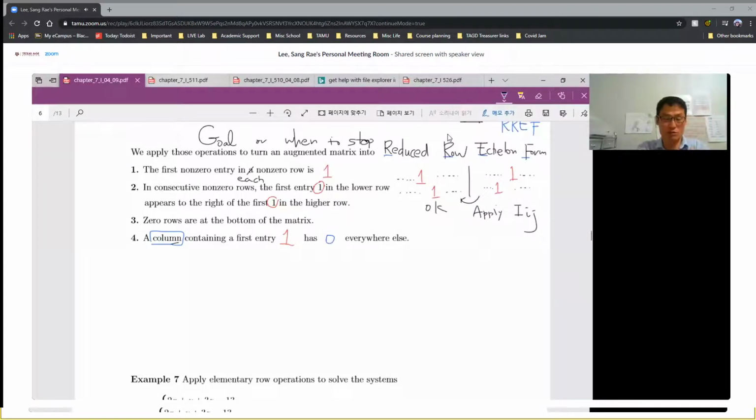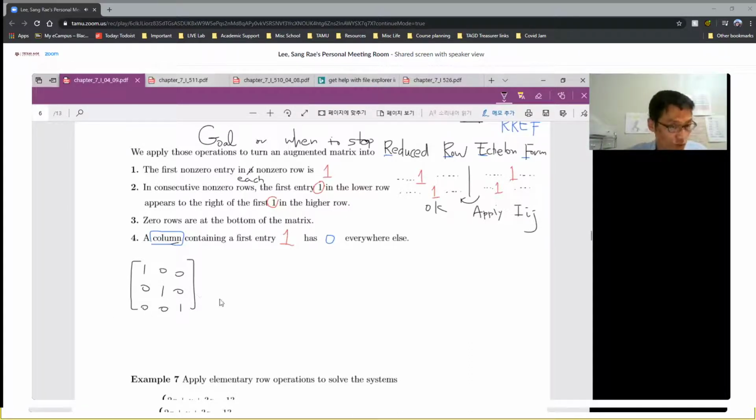So let me finish this by putting some examples. One example of RREF is the identity. Ones on the diagonal, 0 everywhere else. You can check all four conditions. Number one, the first non-zero entry is 1. Yes, in each row, the first non-zero entry is 1. It's not like 2, 3, negative 1.